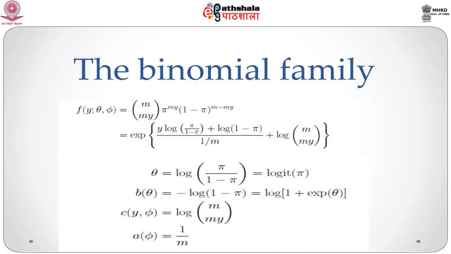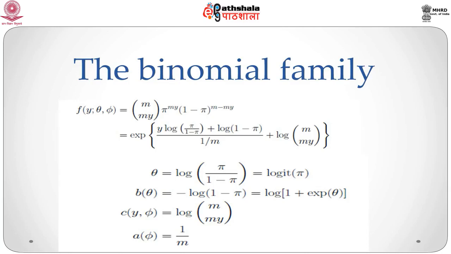The binomial family is a very common example of a one-parameter exponential family. Now, suppose that y is the corresponding proportion, then the density is given by f of y, theta, phi equal to m choose my, pi to the power my, into 1 minus pi to the power m minus my.